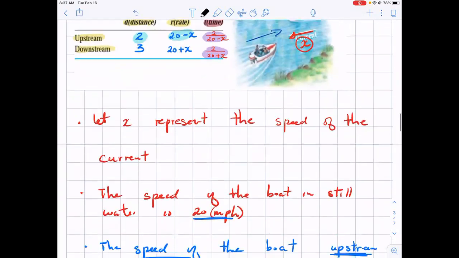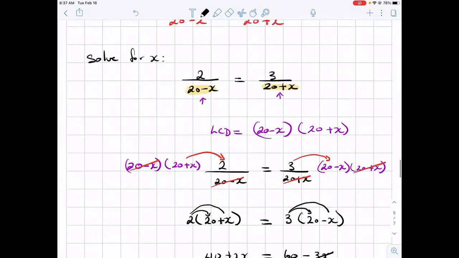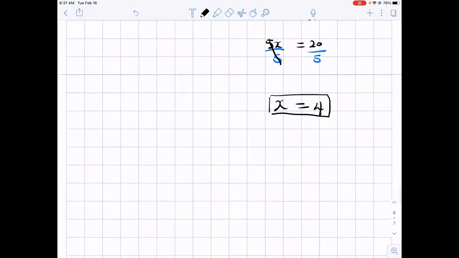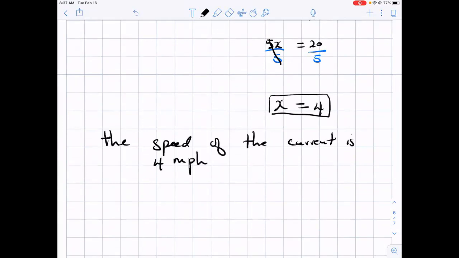So the speed of the current is 4 miles per hour. Or if you want to write it out, spell the word miles per hour. So that is our final answer.